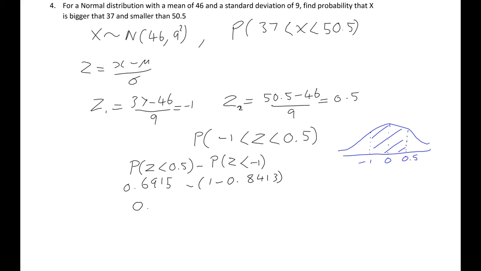So this is 0.6915 minus 0.1587. And so that finally equals 0.5328. And that is it.